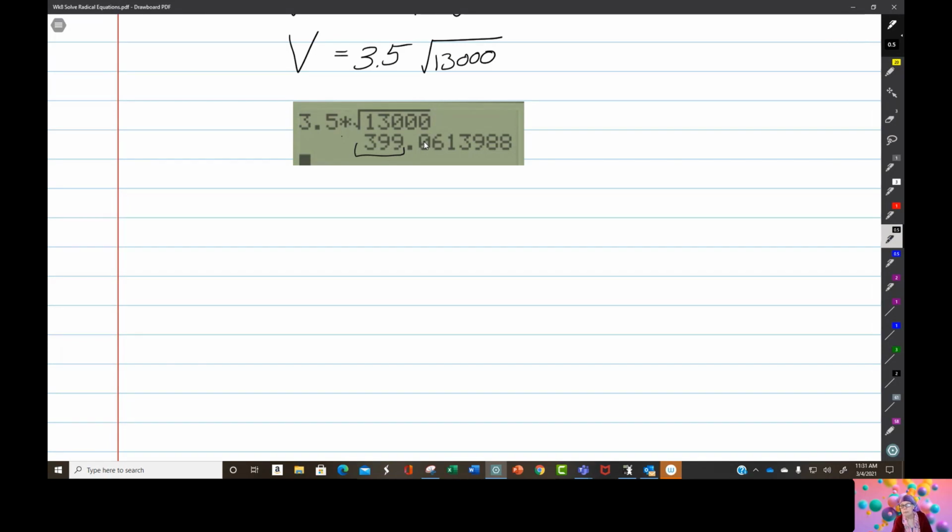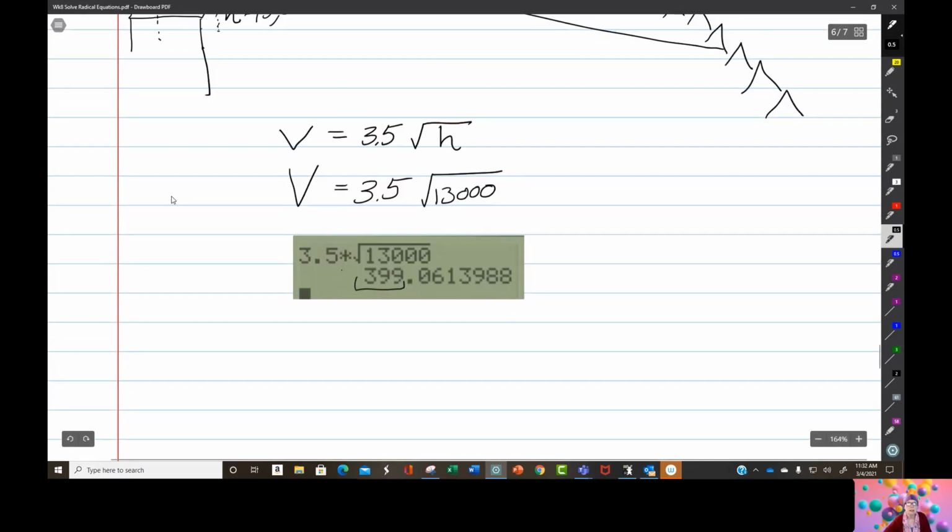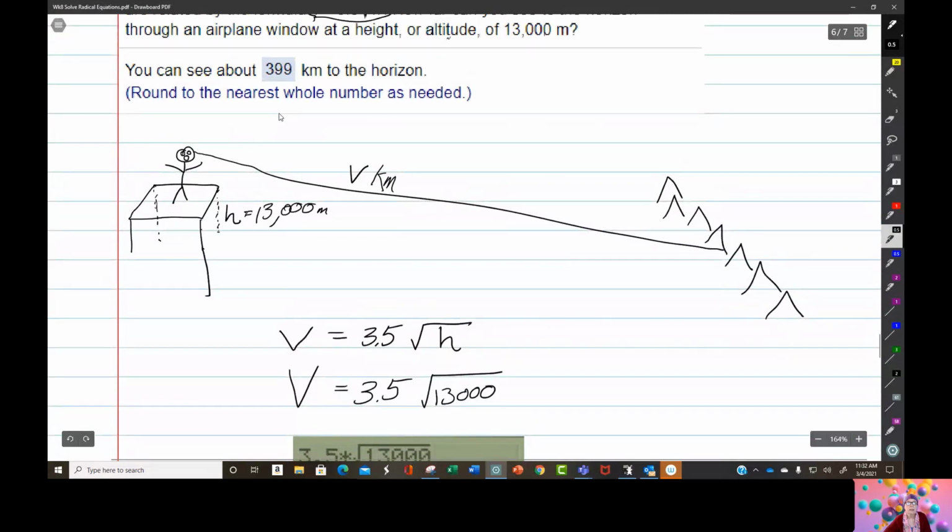If that were a 5, 6, 7, 8, or 9, that would round the 9 up to a 10, which would round this whole thing up to 400. But it's only a little old 0, so that 0 is not going to cause the 9 to round up. Therefore, our answer is going to be 399.